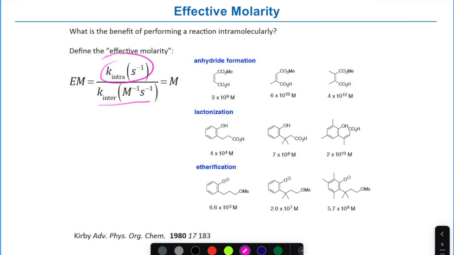So this would be an example of anhydride formation between a carboxylic acid and an ester. The effective molarity of a system is measured by saying I'll take a methyl ester and a carboxylic acid, and I'm going to measure the rate of anhydride formation when it's fused together in a molecule like this, or this, or this. Each of these, you'd be measuring the intramolecular reaction.